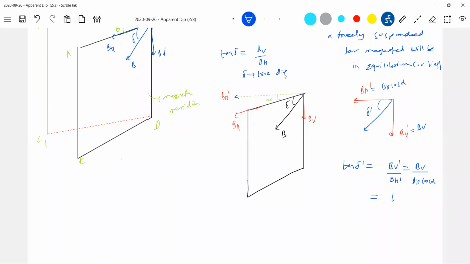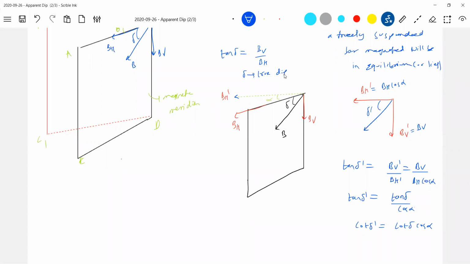BV by BH will be tan delta. So tan delta dash equals tan delta by cos alpha. If I write in terms of cot, cot delta dash is equal to cot delta cos alpha.